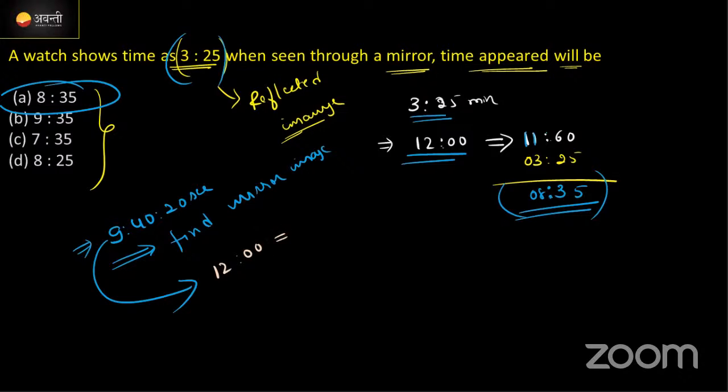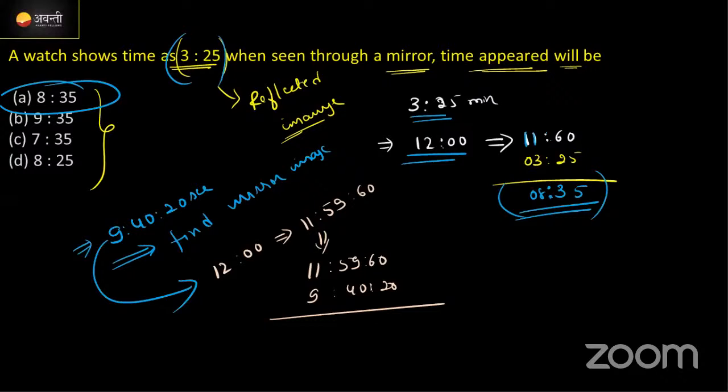We need to write this format in hour, minute, second, meaning 11 hour, 59 minutes, 60 seconds. Correct now? From this value, we need to subtract 9 hour 40 minute 20 second. Subtract these two, and you will get the mirror image.